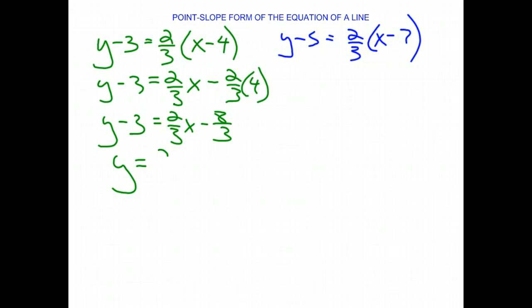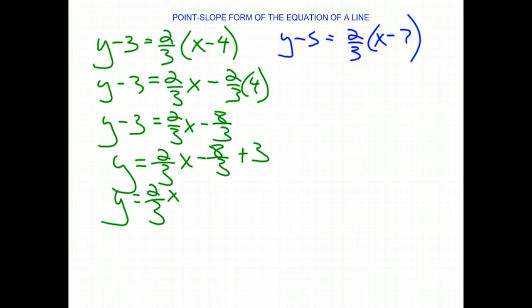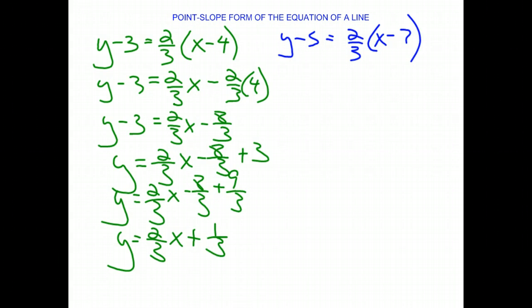Y equals 2/3 x minus 8/3 plus 3. Wait a minute, what's fraction action? Y equals 2/3 x minus 8/3 plus 9/3. Negative 8/3 plus 9/3 is 1/3. Y equals 2/3 x plus 1/3.